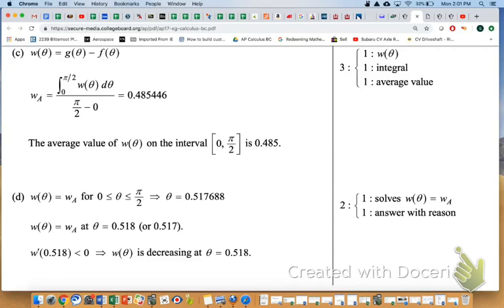So for D, I set it up right. I'm just wondering, how do you actually find this where W of theta equals that? So I don't think that this is W of theta. I think W of theta is just G minus F. So I think, is that an integral right there? Yeah. I don't think we want that integral there. Okay. We just want W, like you wrote up here, this is good.